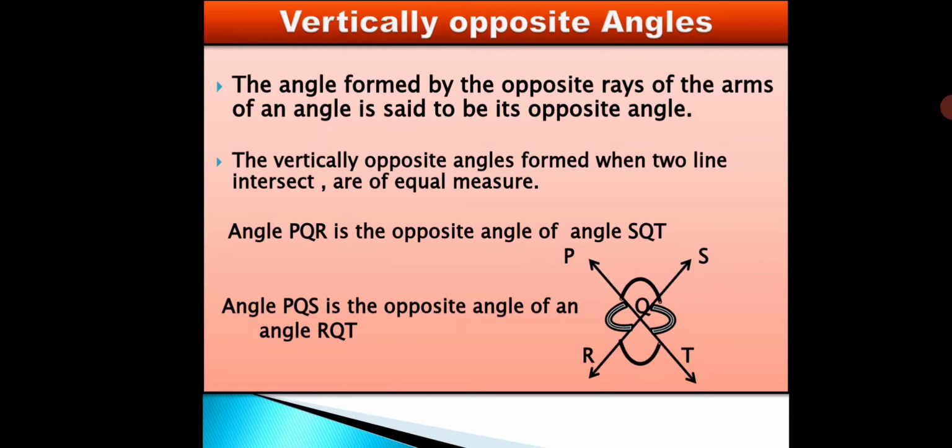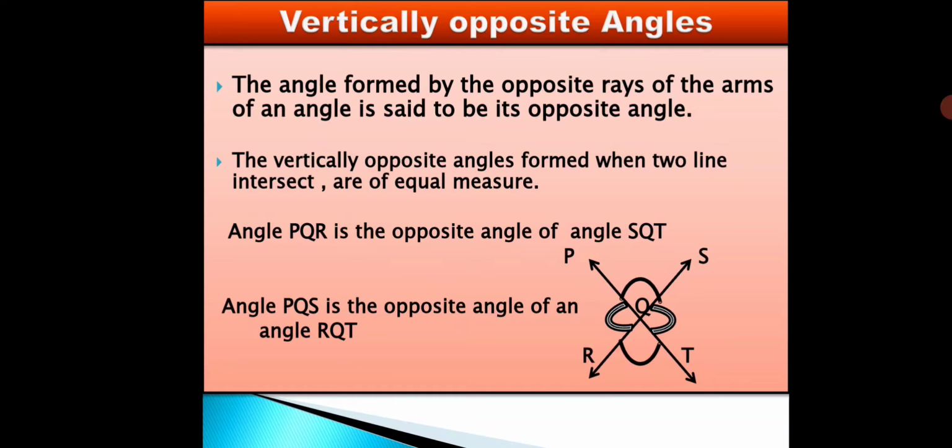Angle PQR is formed by the rays QP and QR. The rays opposite to ray QP and QR are QT and QS respectively. These opposite rays form an angle SQT.